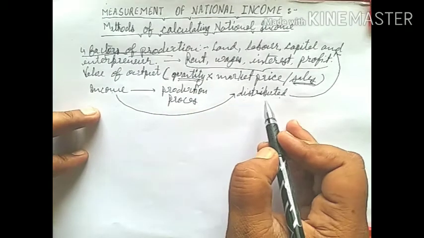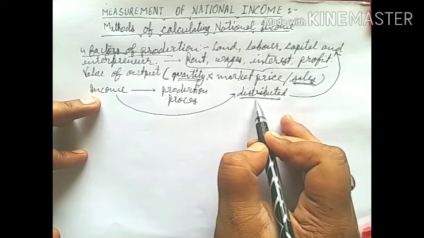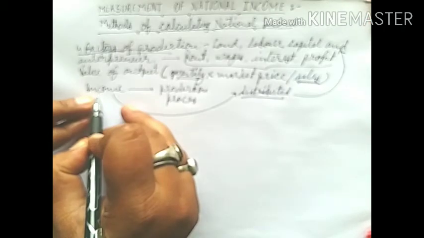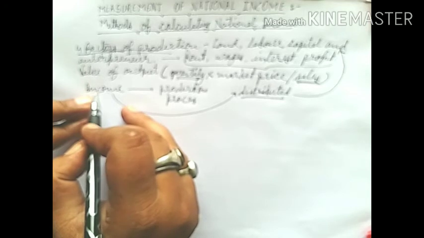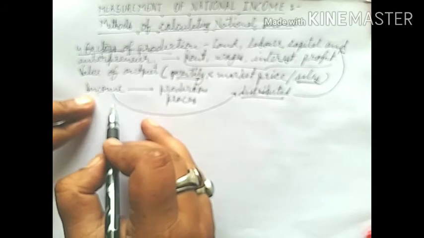So this distribution is the income for the factors of production, and this income raises the expenditure.